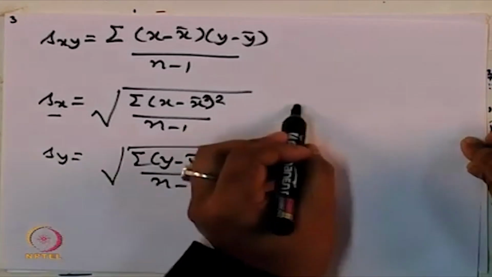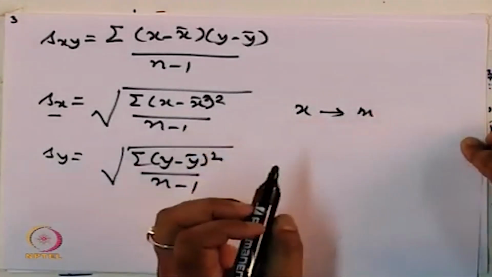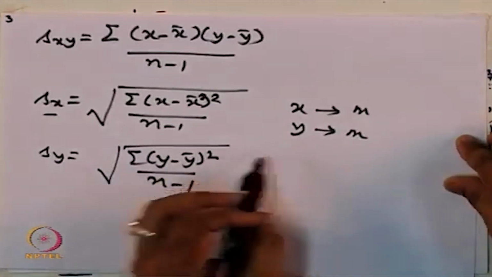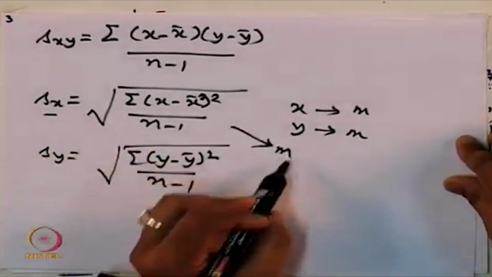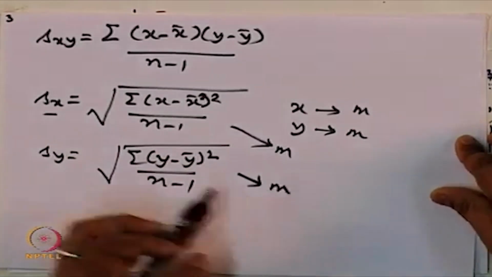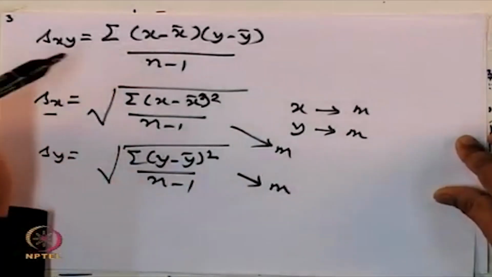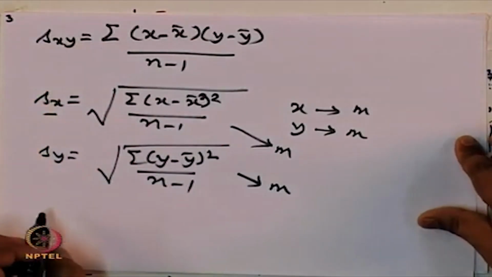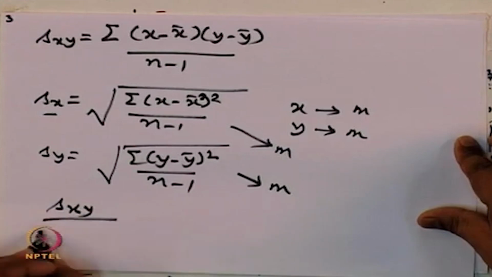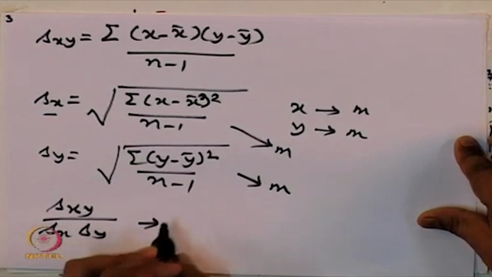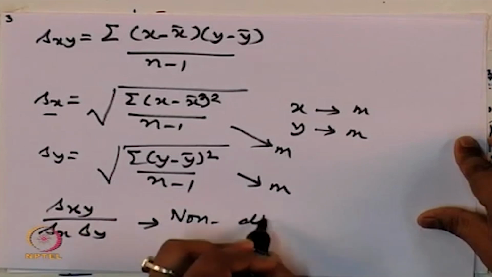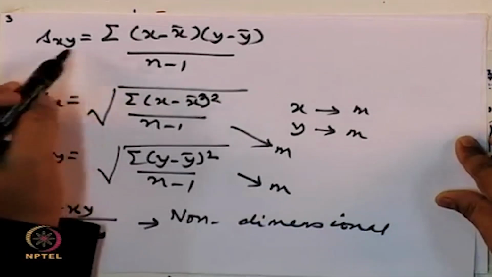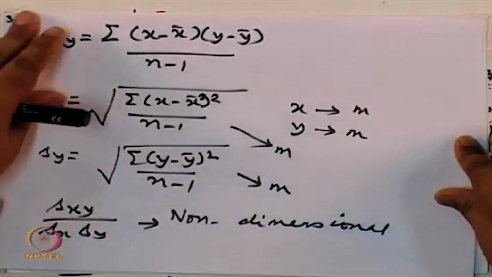If x has units of meters, let us say, and y has units of meters, then Sxy will give me meter square, Sx will give me meters, and Sy will also give me meters, so the denominator is also meter square. So, Sxy by Sx times Sy should be non-dimensional. This is why the root does not exist in Sxy.